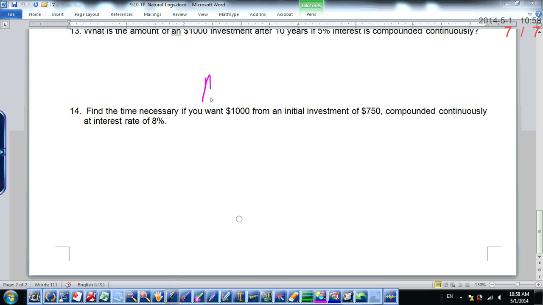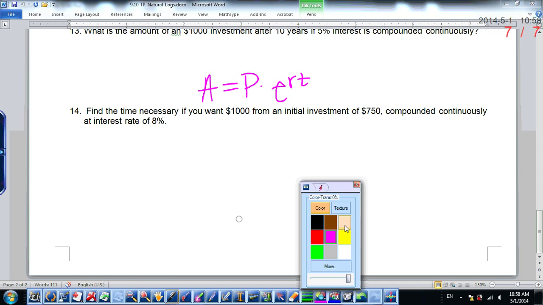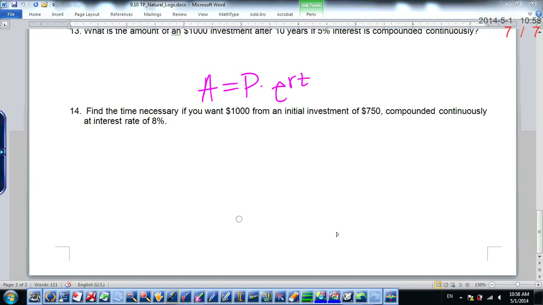I'm going to rewrite our formula since I had to move the slide. Okay. Find the time necessary if you want $1,000 from an initial investment of $750 compounded continuously at an interest rate of 8%. Okay, so I see this keyword continuously, and that tells me I'm going to use this formula. What are we looking for?